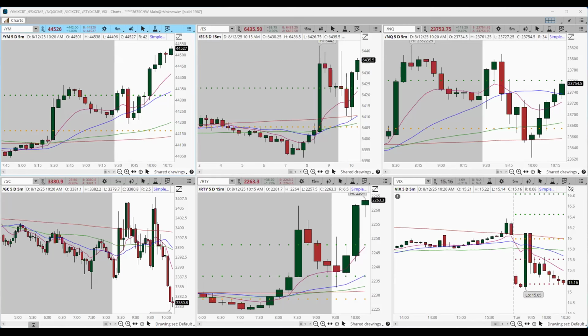Like 90% of the time, you're going to see target one hit, and maybe around 50 or 60% of the time, target two. And the chances for bigger targets decrease as the price action moves higher because it loses energy.